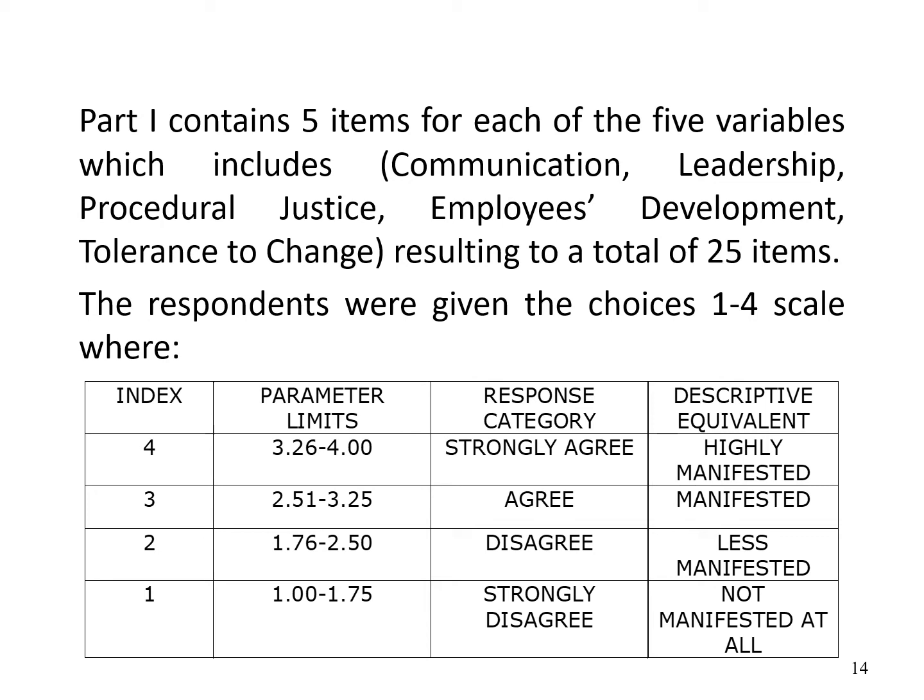Na-notice ninyo sa statement of the problem nga naa koy 5 ka variables. So therefore, for each variable, communication, leadership, until tolerance to change, naa koy 5 ka items. As you have noticed, 25 sa tanan, they have an equal number of questions for each variable.